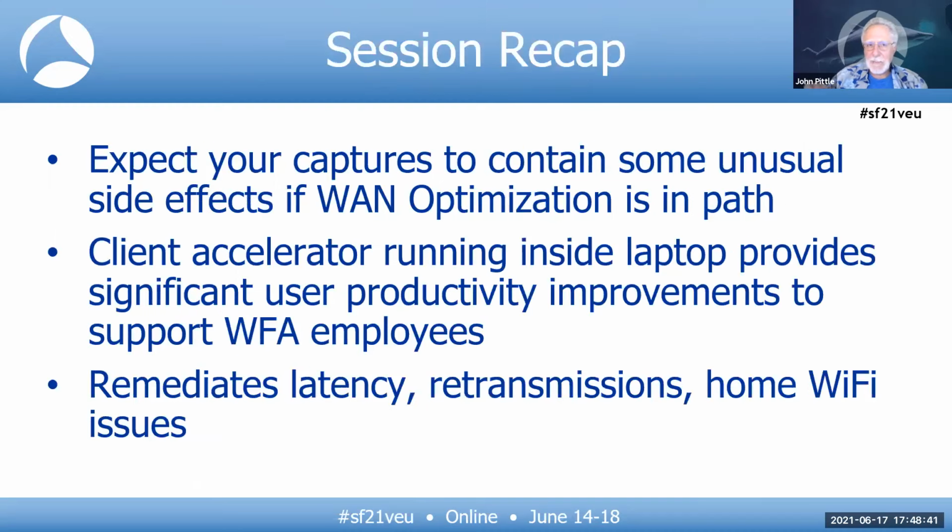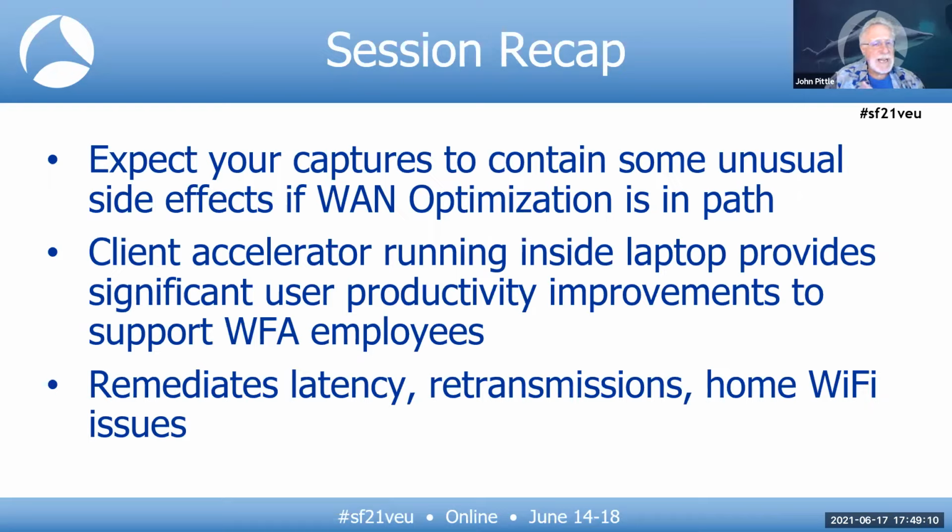To recap, you do need to expect that your captures are going to look unusual if WAN optimization is in the path. We looked at some examples of that. The testing that I did was very conclusive, not only with branch steelheads, but also running on my laptop, talking to a cloud version, that for me working at home, the productivity gains are really significant.